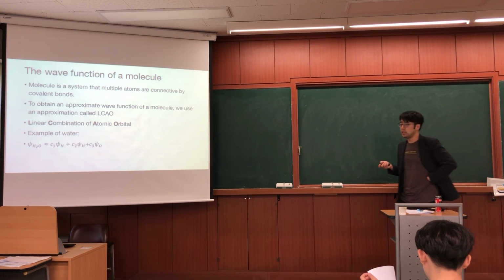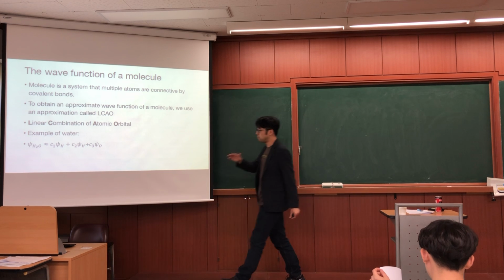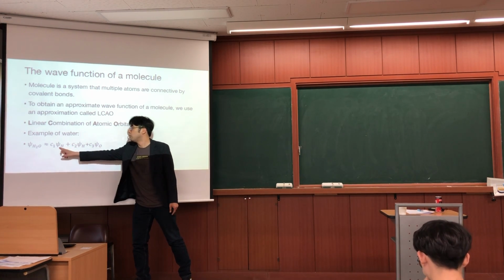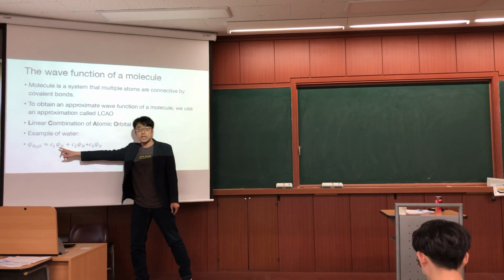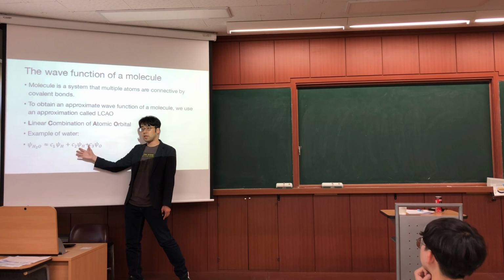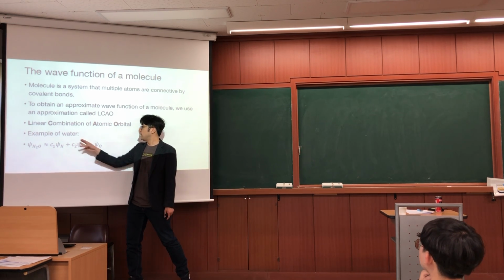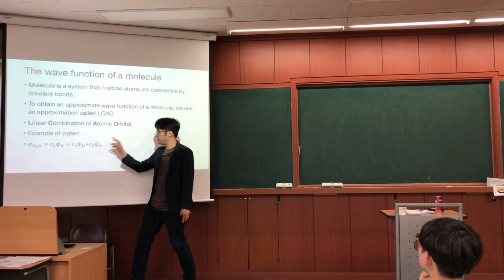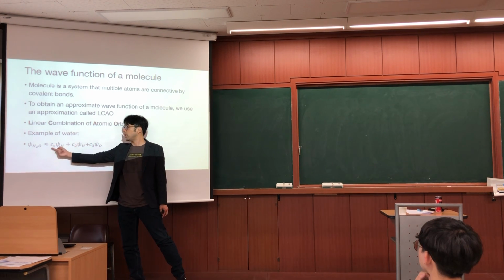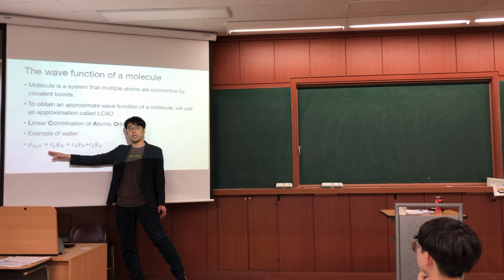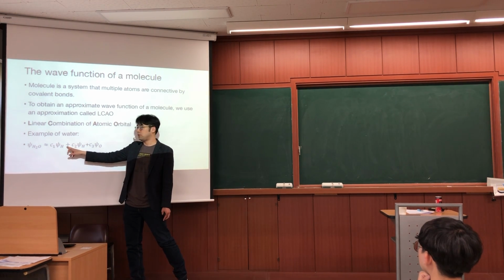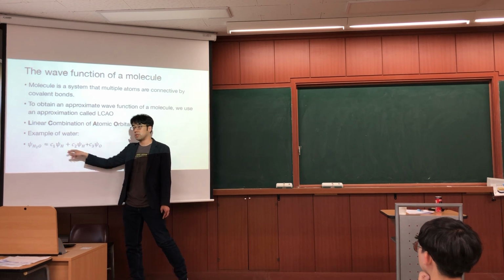So what is the linear combination? These are the atomic orbitals, which can be solved rather easily, and then we combine them by adding or subtracting them. Linear combination means that we multiply by constants, which are numbers, not other functions, and then we do addition or subtraction.